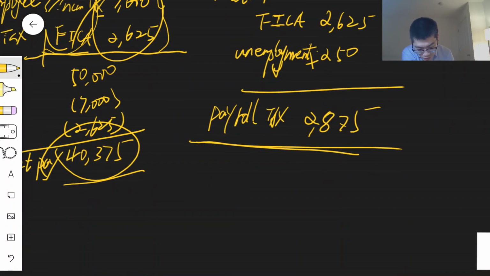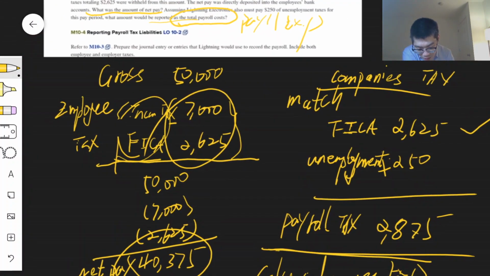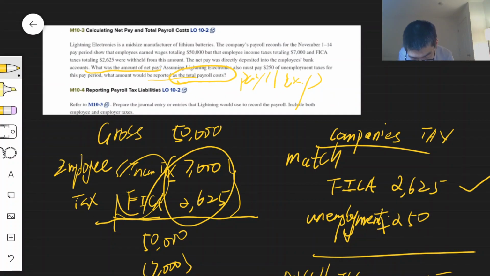Not only do we have this payroll tax, but also we have the salary and wages expense, right? And how much is salary and wages expense? That is $50,000, the total salary and wages we paid to the employees.